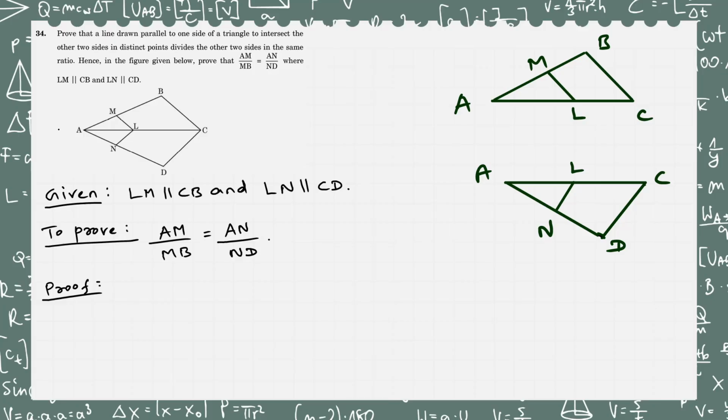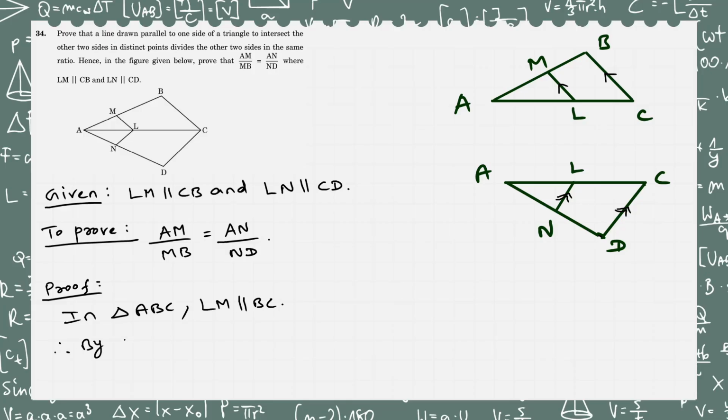How can we take the help of BPT? Because LM and CB are parallel to each other. Remember, that is given to us. Same way, LN and CD are also parallel to each other. So that's how we are going to apply BPT here. So in triangle ABC, LM is parallel to BC.